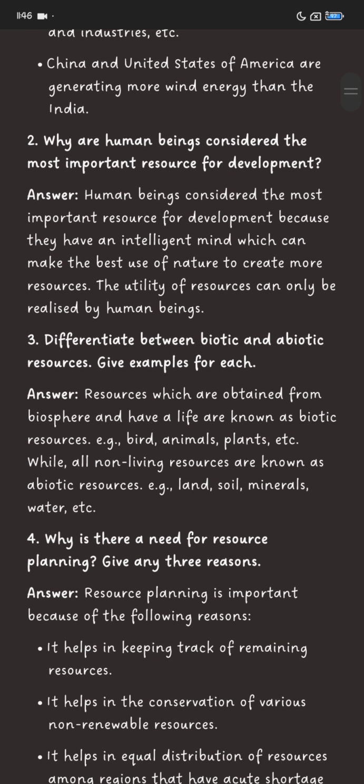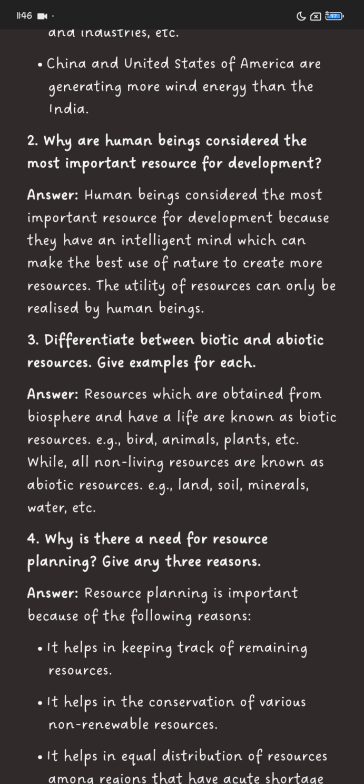Why are human beings considered the most important resource for development? Human beings are considered the most important resource for development because they have an intelligent mind which can make the best use of nature to create more resources. The utility of resources can only be realized by human beings. Number 3.